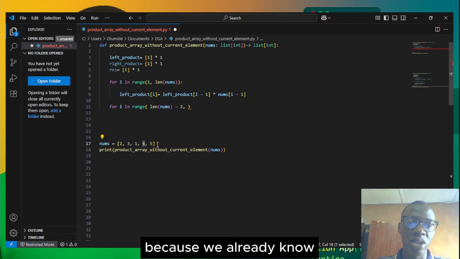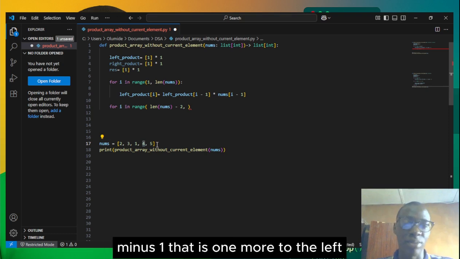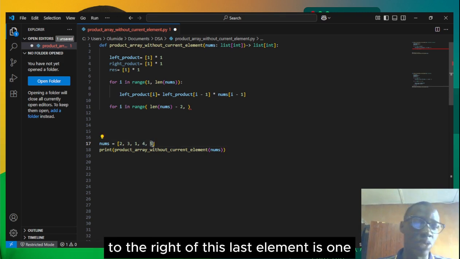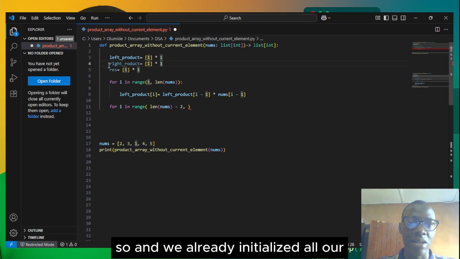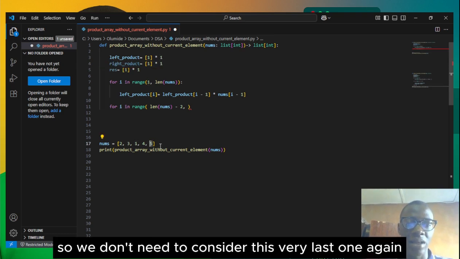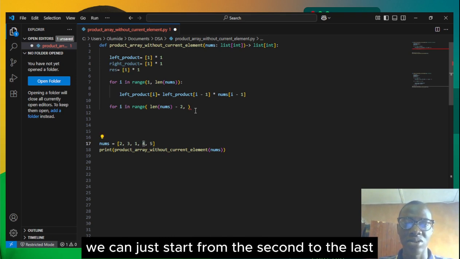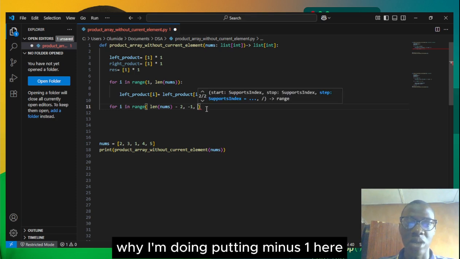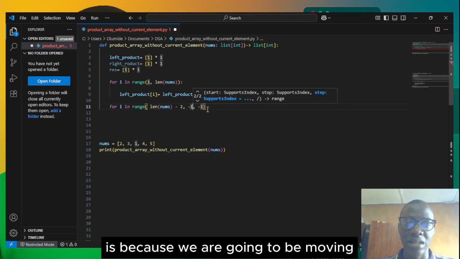We want to start one more to the left, because we already know the product to the right of this last element is 1. We already initialized all our right product as 1, so we don't need to consider the very last one again. We can just start from the second to last, and that's why I'm having minus 2. So we'll be doing minus 1 as the step.